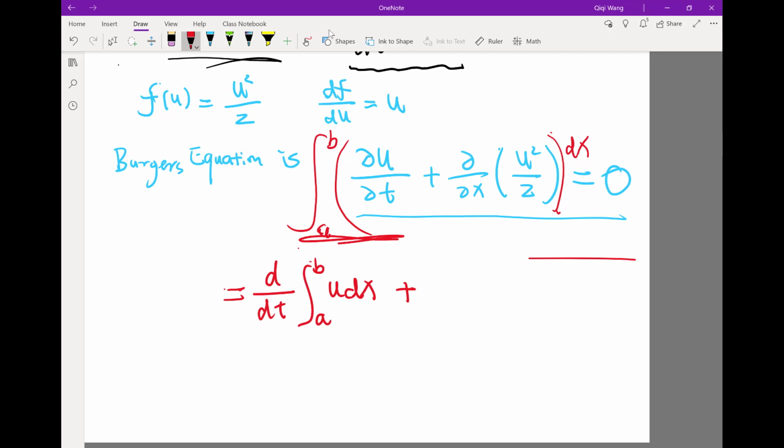If you integrate a derivative over the same variable you take the derivative with respect to, you get just what? Half of u squared at b minus half of u squared at a, right?